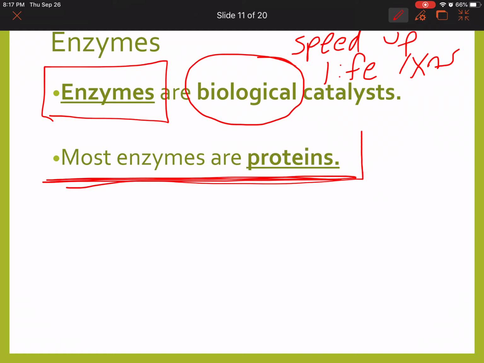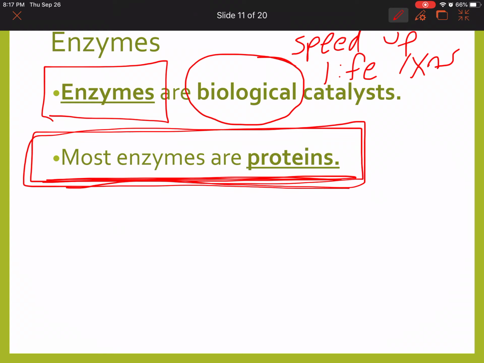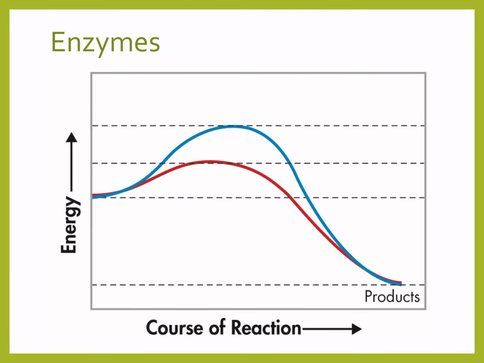Memorize this. I guarantee you this was on the test. In fact, if I remember right, this is the first question of the test right here. If they're not proteins, they're RNA. You really don't need to know that. For our purposes, 99.9% proteins. Okay? All right, we're moving.